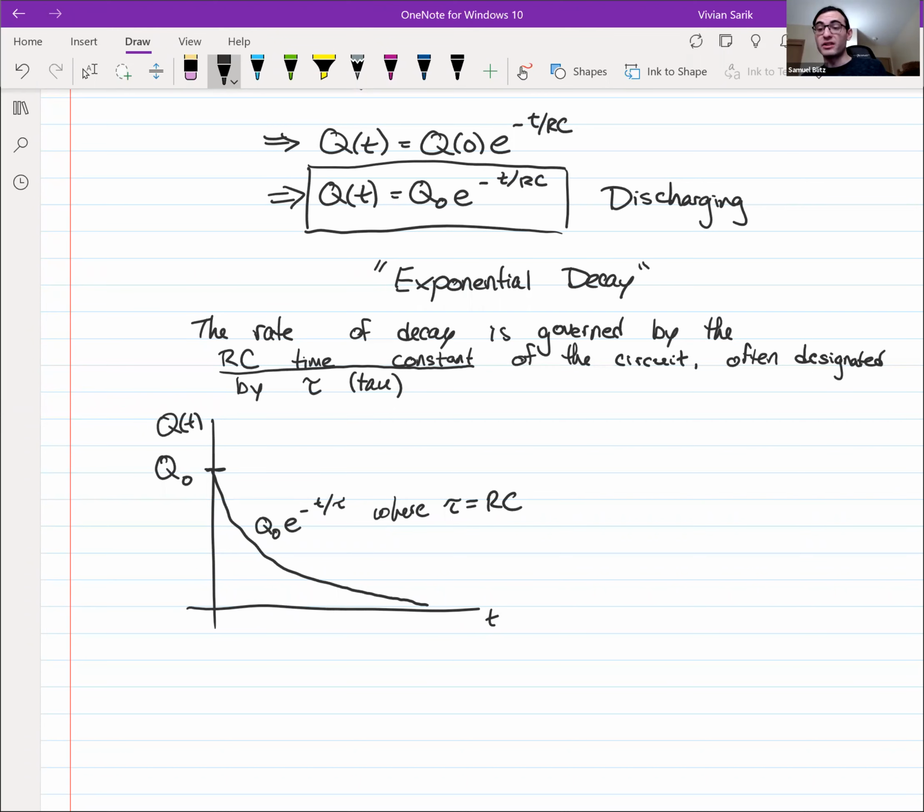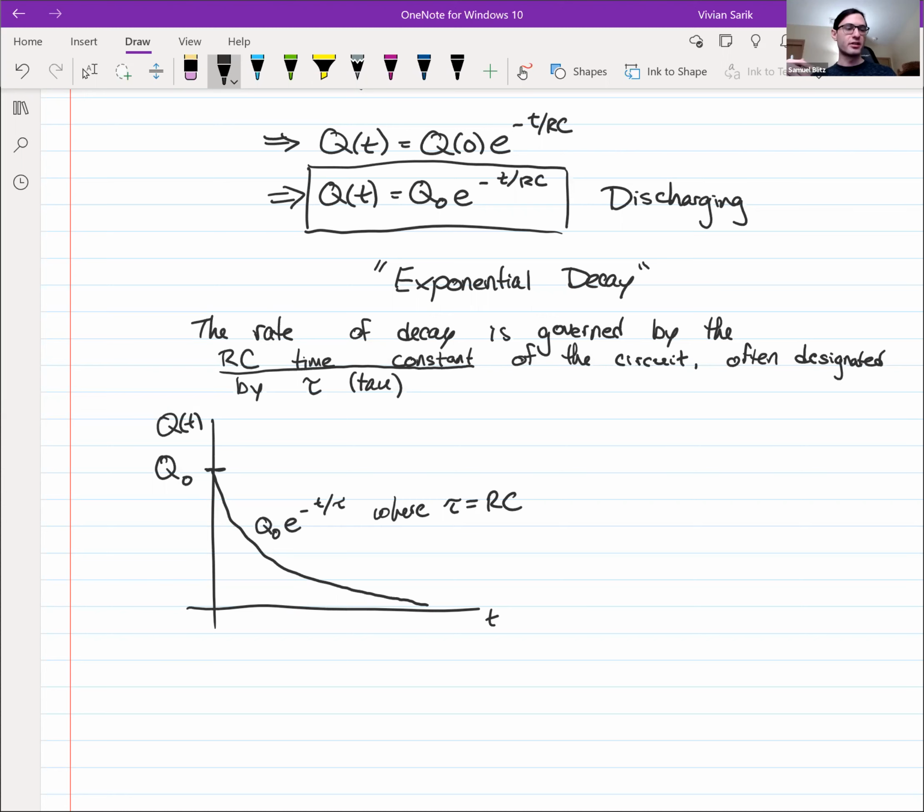So that is the time constant. The fact that RC is the governing factor of this type of circuit gives away why it's called an RC circuit, right? Multiply R and C and you get good stuff back.